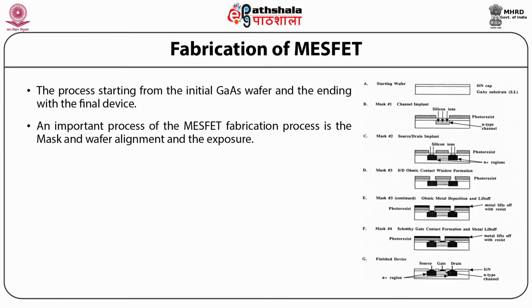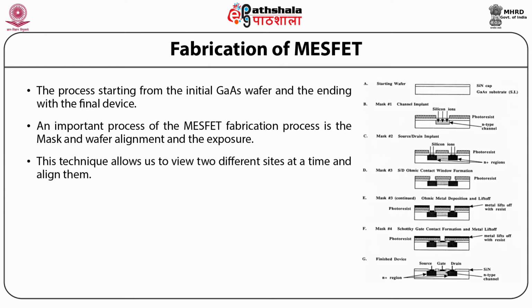An important step of the MESFET fabrication process is the mask and wafer alignment and then the exposure. A special technique used to make sure of the alignment of all of the dies on the wafer is the split field alignment. This technique allows us to view two different sites at a time and align them.